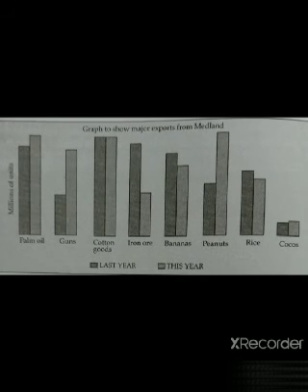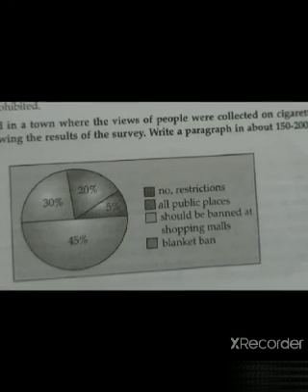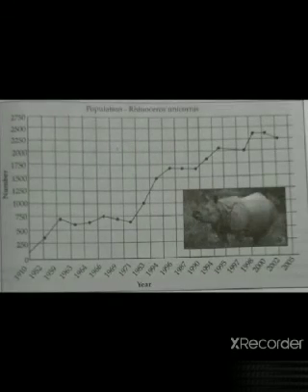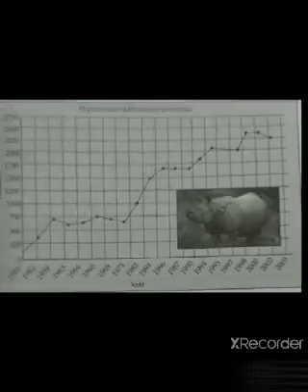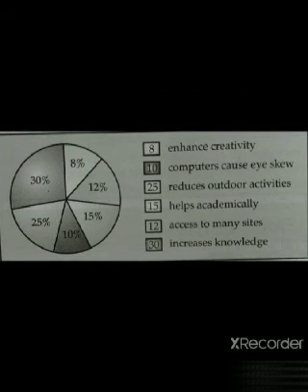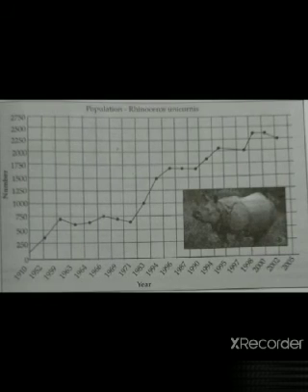This is an example of a bar graph. Then a pie chart. This is an example of a pie chart. Then it can be in the form of line graphs, sometimes in the form of maps. So these are the pictures you will be given.